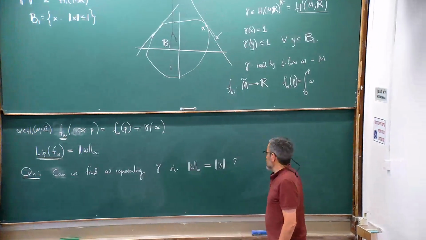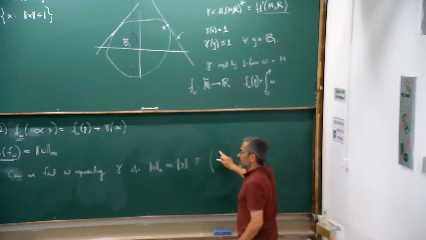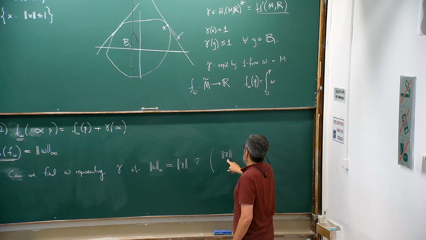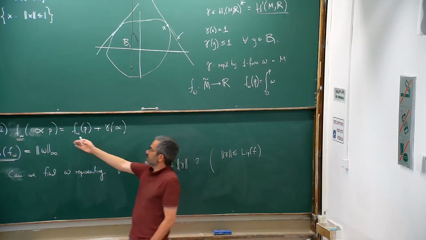I want to say that one direction is always going to be true: the stable norm is always less than or equal to the Lipschitz constant of this map.